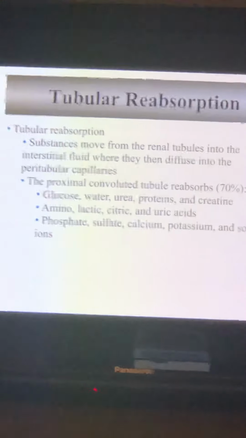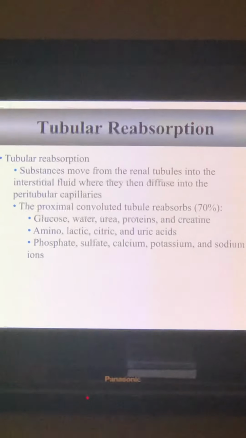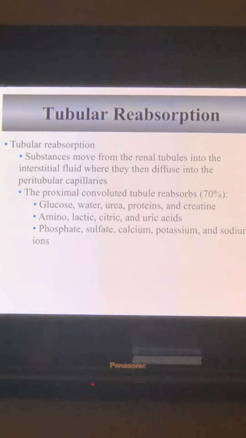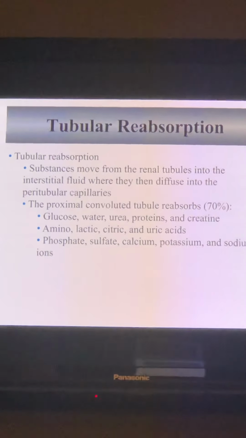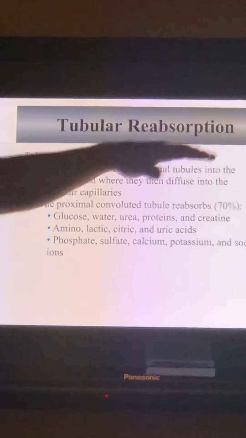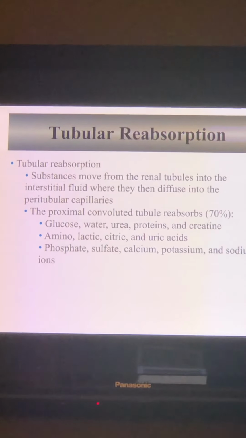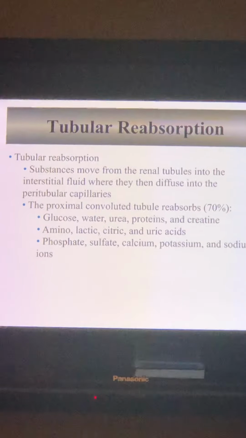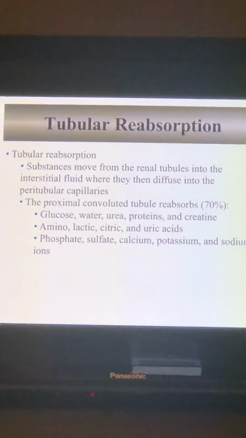All right, now let's not get caught up. We started out talking about glomerular filtration. That's the first stage of urine formation. Here is the second, tubular reabsorption. So as soon as we filter that out of the blood and we're in the proximal convoluted tubule, your body reabsorbs most of that.